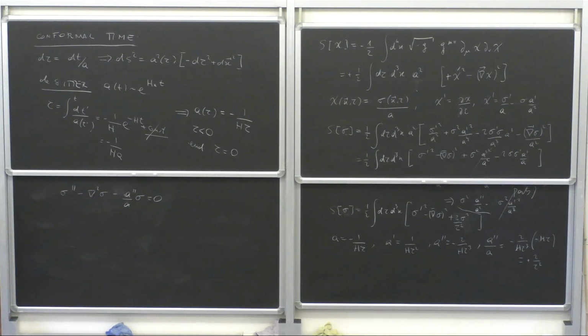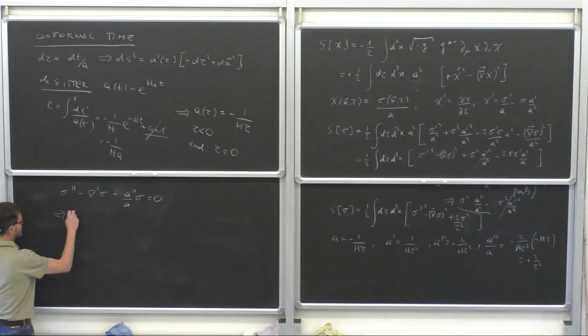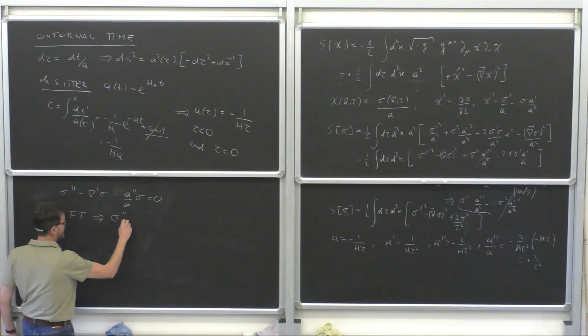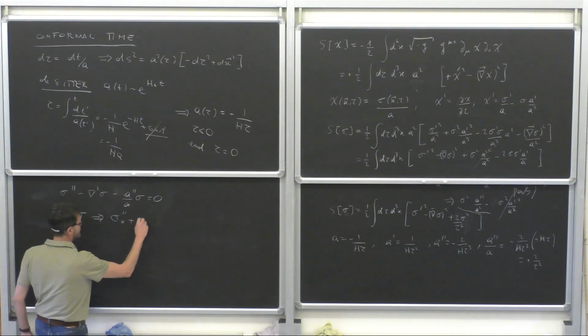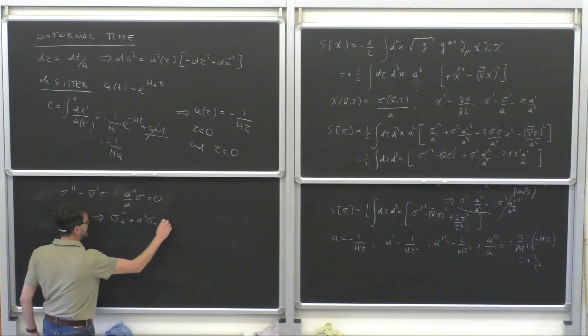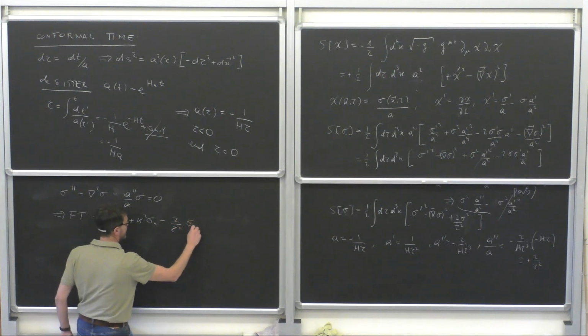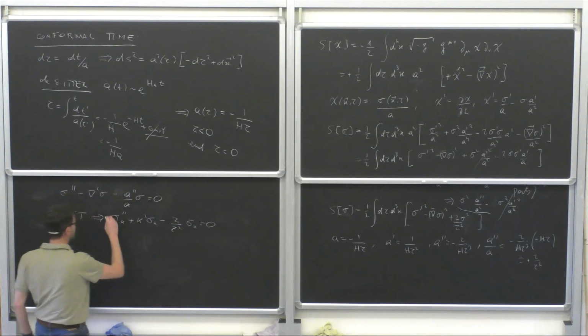Okay, so that's the equation of motion. Of course, now I do the Fourier transform, and what I get is sigma double prime k plus k squared sigma k minus, and here I put 2 over tau squared sigma k equal to 0. So that's my equation.